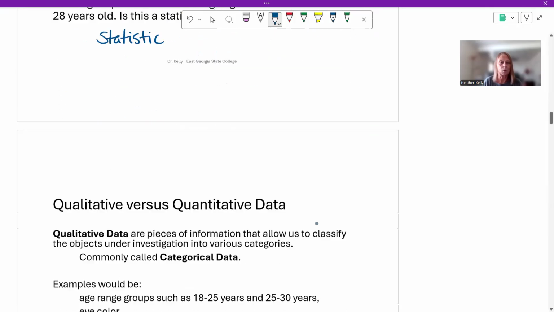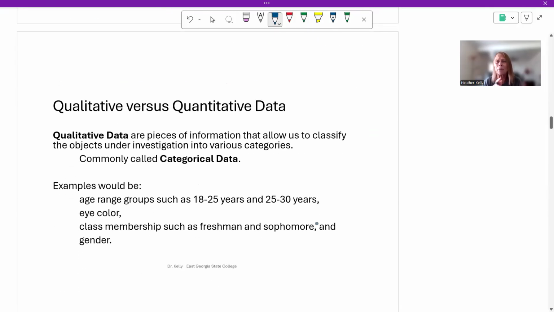Okay, let's keep on going here. Now, this is a big one: qualitative versus quantitative data. Qualitative data are pieces of information that allow us to classify objects, like eye color or skin tone or birth sign, like your horoscope sign.